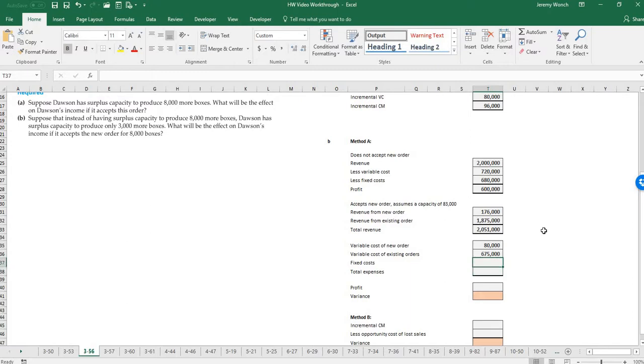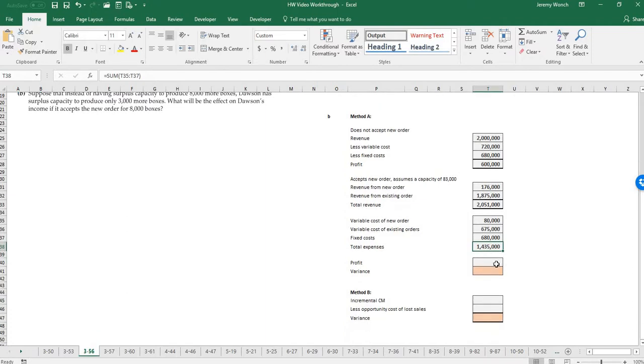And then our fixed cost, which we already calculated above, right here. So total expenses of $1,435,000.